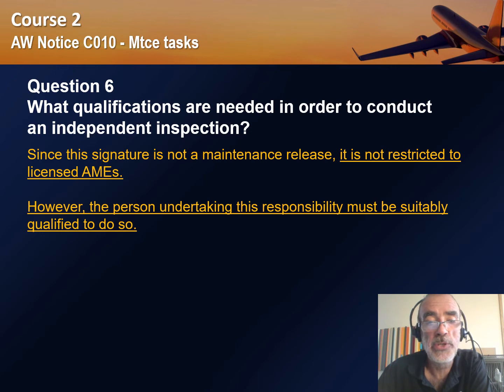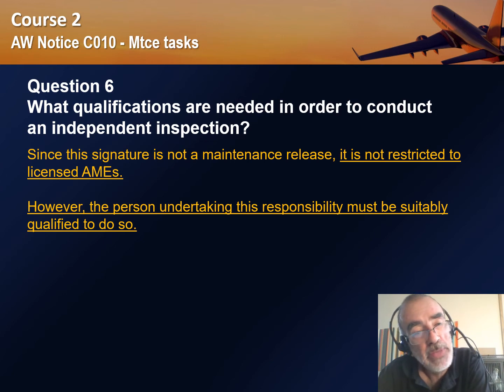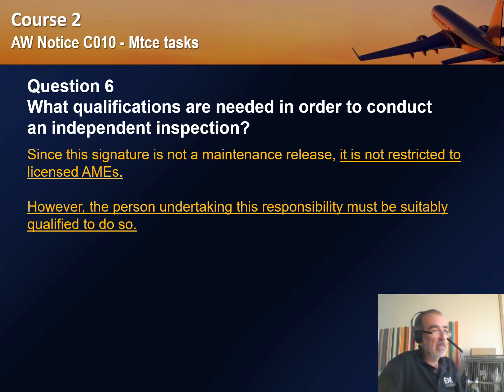However, the person undertaking the responsibility must have suitable qualifications to do that. Meaning, you may have been trained in the maintenance of the flight controls, but you don't have an AME license, but you can still do the independent inspection.